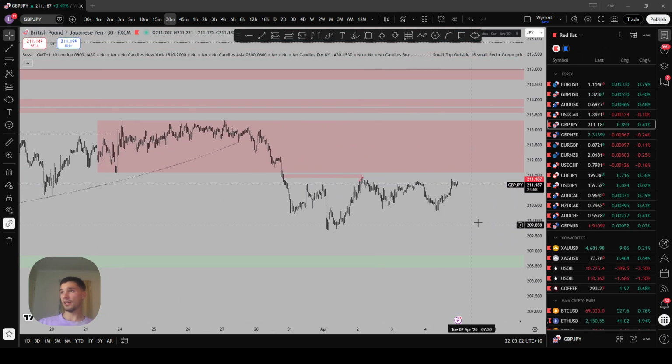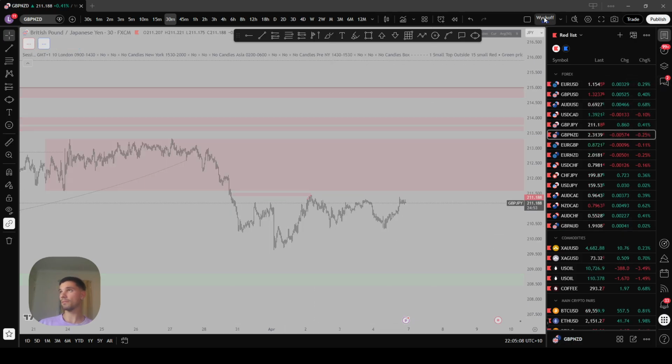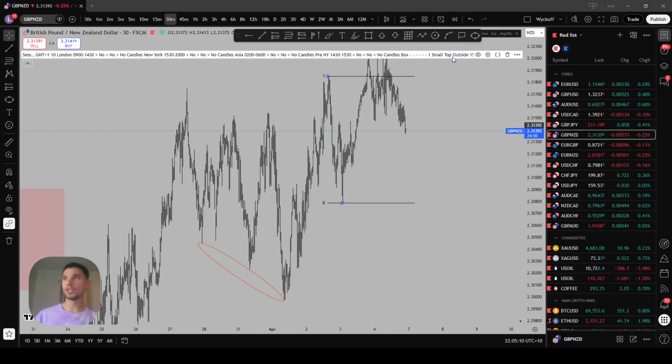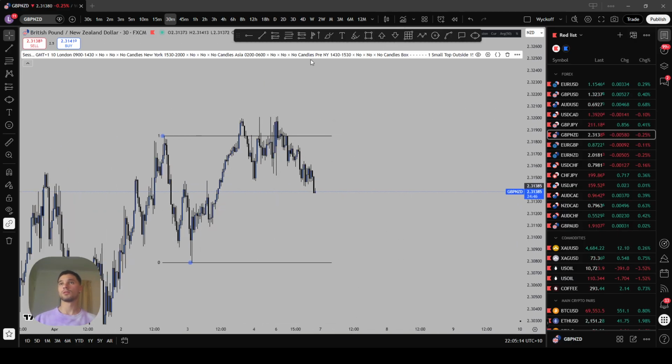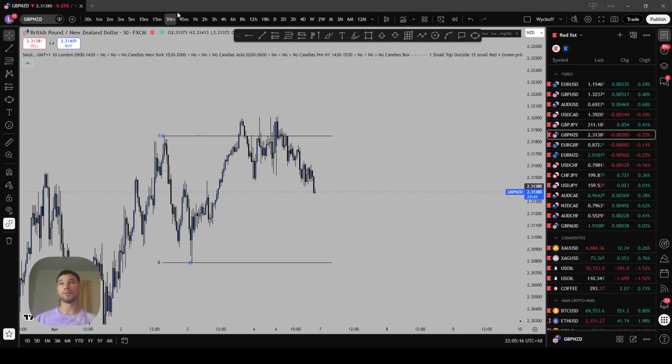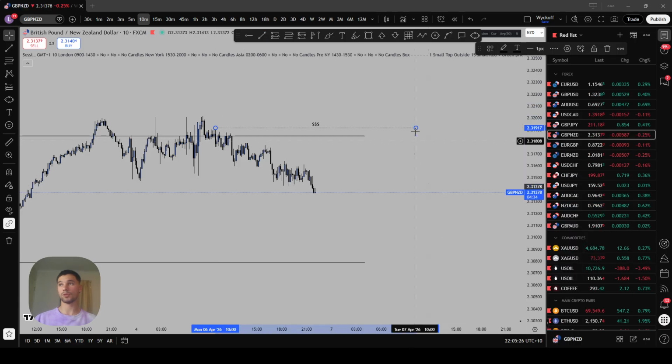But other than that, GBP USD, all refined supply has been mitigated, and we're just looking for mitigation of this higher time frame. GBP NZD, we're pulling back. We formed some form of distribution in there. This is my extreme liquidity, should we get it.